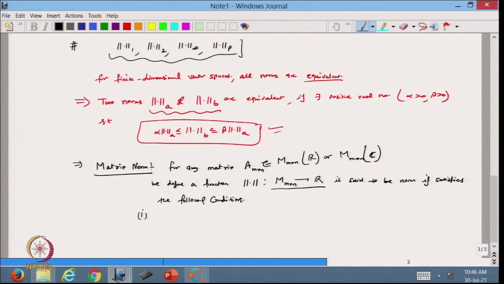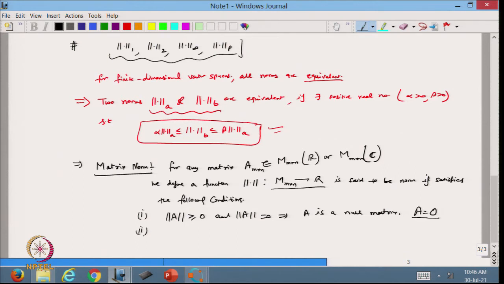First one is that the norm of a matrix is always greater than or equal to 0, and if the norm is 0, it implies that A is a null matrix, that is, A is equal to the 0 matrix.